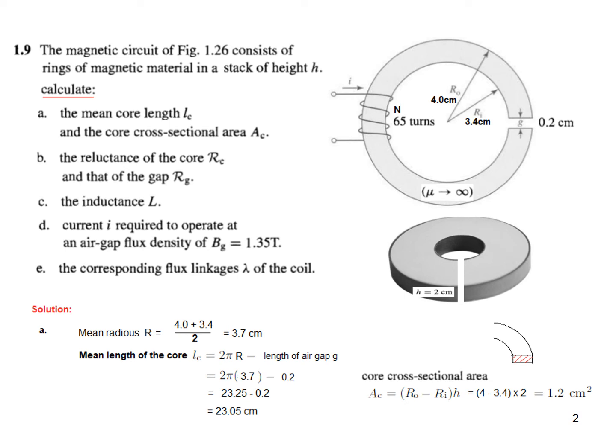So 4 minus 3.4 and multiply by height 2 centimeters. So we get 1.2 centimeter squared as the cross-sectional area, which can be converted into meters, which we'll be using subsequently. It will become 1.2 times 10 raised to the power minus 4 meter squared.